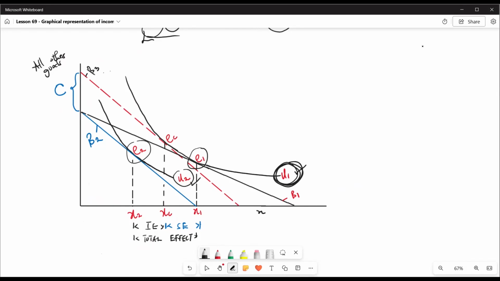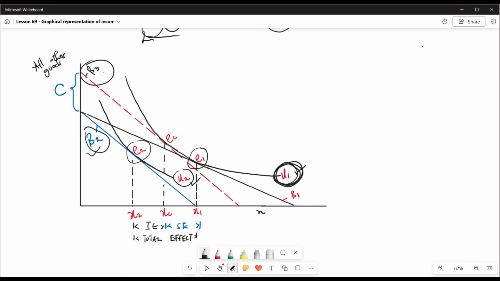So let's remember that this budget constraint 2 represents the new budget constraint after the change in price. It shows the new relative prices between good X and good Y. So to be able to keep Ella on the original indifference curve, acknowledging the change in price, we are going to draw an imaginary budget constraint that is parallel to B2. So this is represented as B3 here.